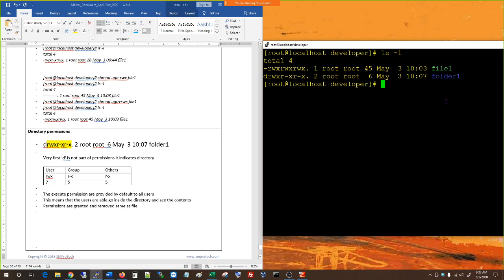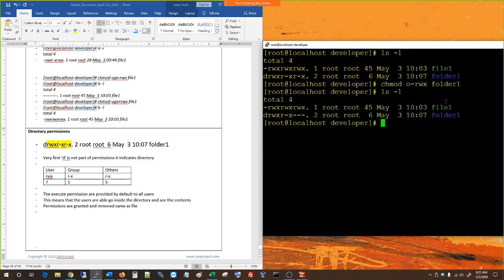I'm going to use the chmod command. I'm going to remove all the permissions for others, the regular user. So o-rwx on folder1. If I do ls -l, the permissions for the folder are gone.